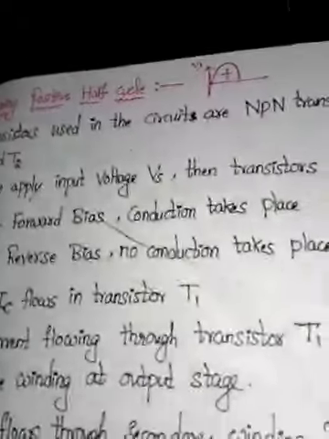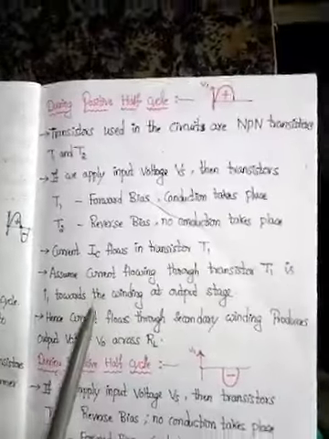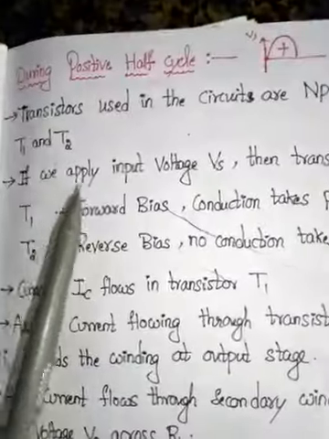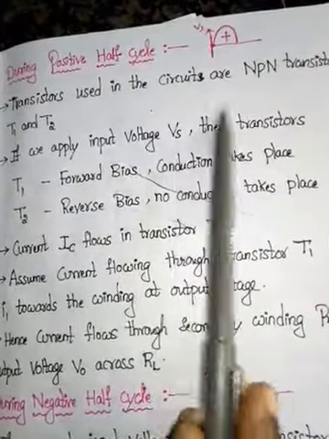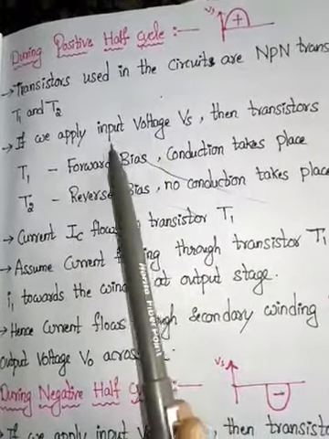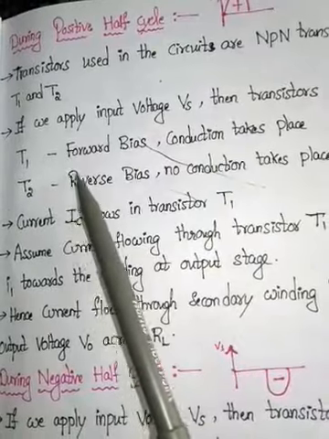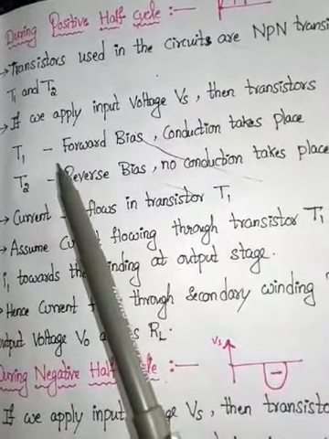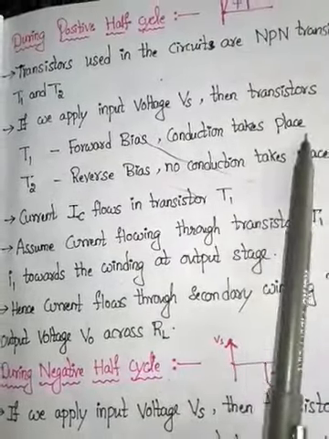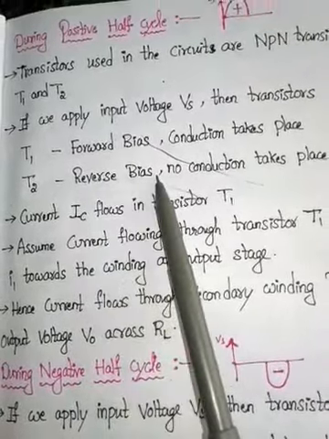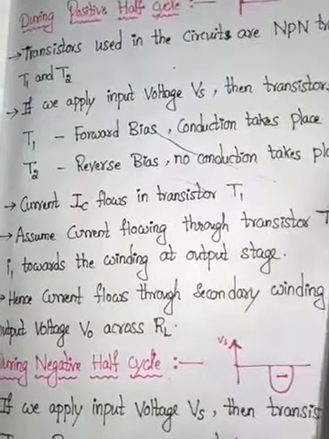Here the transistors used in this case are NPN transistors. Whenever we apply the input voltage, during the positive half cycle T1 will be forward biased and conduction will take place, and T2 will be reverse biased, so there will be no current flow.